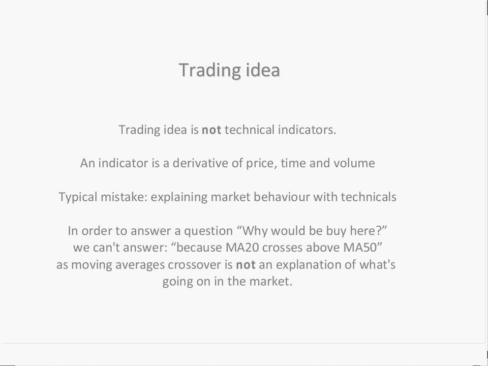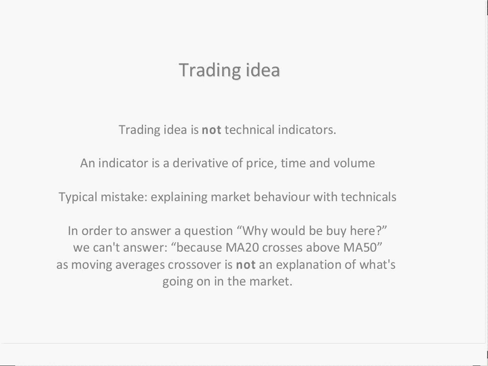So, a typical mistake of a beginning developer or a beginning trader is an attempt to explain market behavior by technicals. For example, because of a crossover, or because of an RSI crossing from below 60 or crossing from above 70 or anything like this.